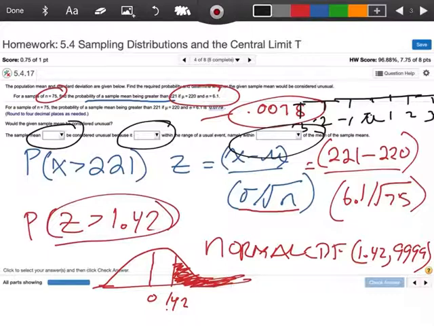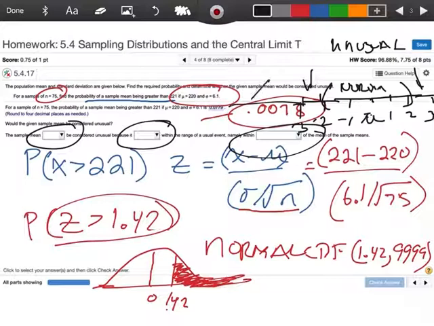As long as we were within 2 deviations, we were considered normal. Anywhere between 2 and 3, to the left or to the right, these were unusual. And anything to the left of 3 or to the right of 3 was very unusual.